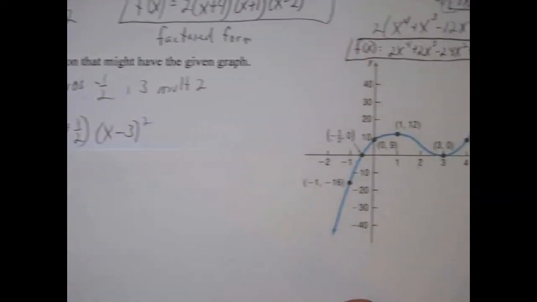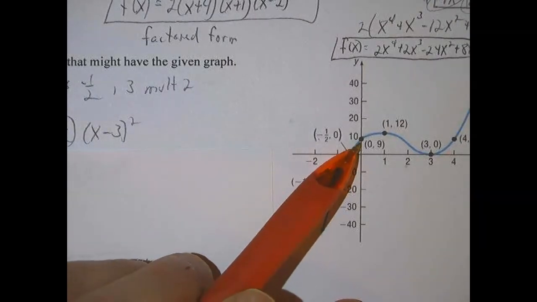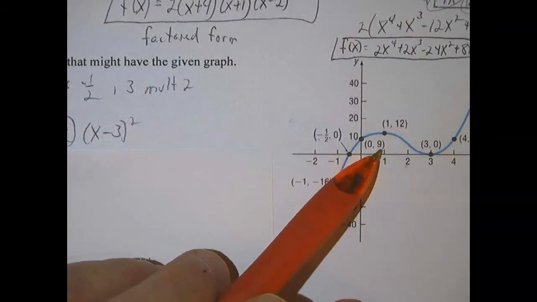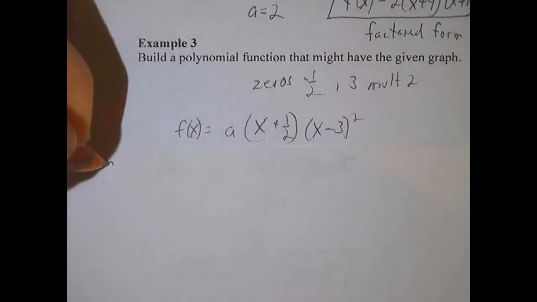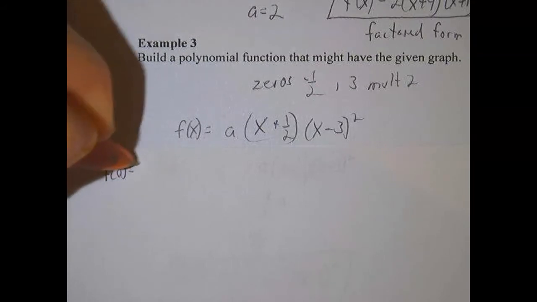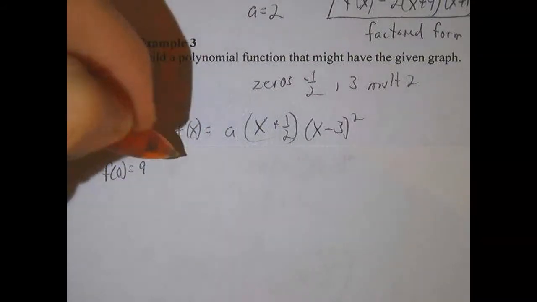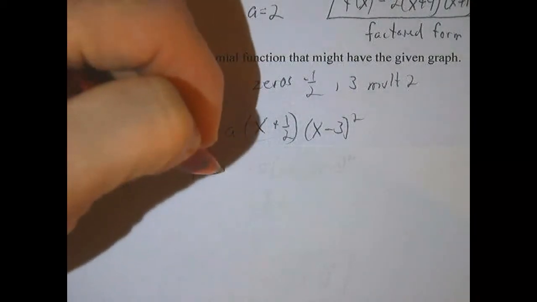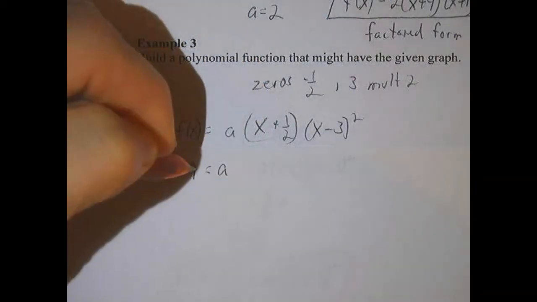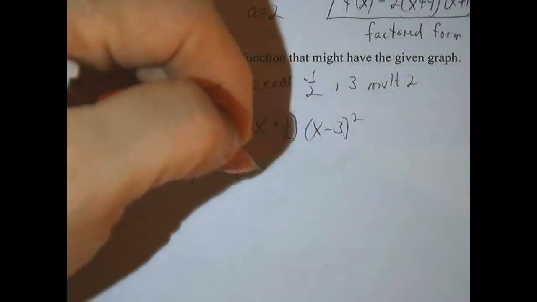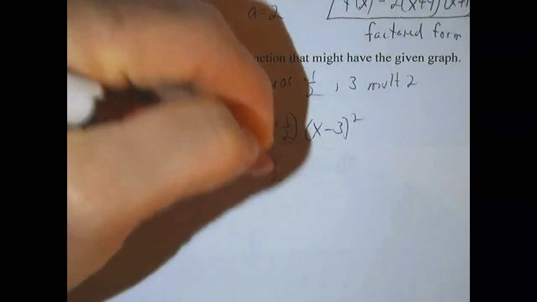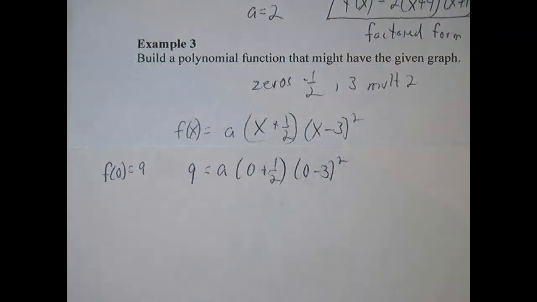Okay, so looking at the graph, we can see that there's a y-intercept at 0, 9. So that means when x equals 0, f of x equals 9. So we know, let's write that down here, f of 0 equals 9. So we can put 9 equals a times, these x's are 0 now, so that would be 0 plus 1/2 times 0 minus 3 squared.